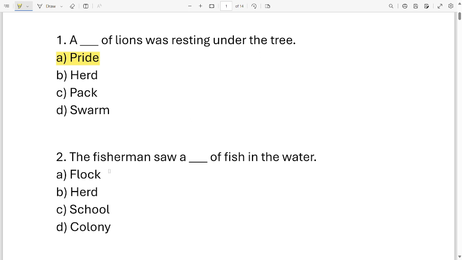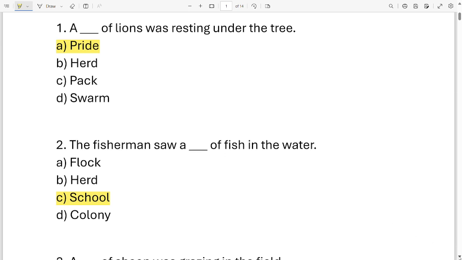The fisherman saw a dash of fish in the water. Which word am I supposed to put in this blank? Flock, herd, school, colony. Which of these options is correct? Option A, B, C, or D? The correct option is option C. The fisherman saw a school of fish in the water.